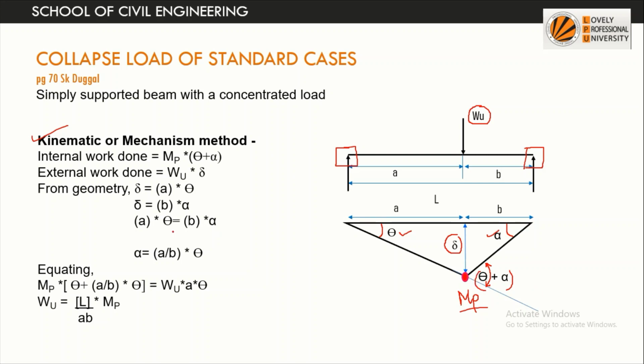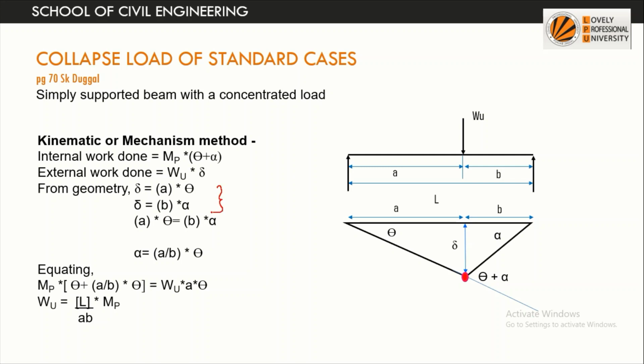So this has registered a moment equal to plastic moment MP, and in that the total angular displacement is theta plus alpha. So we can write internal work done will be MP into theta plus alpha. From geometry, what we can write is theta is equal to delta by A and alpha is equal to delta by B. So we can equate these two values.